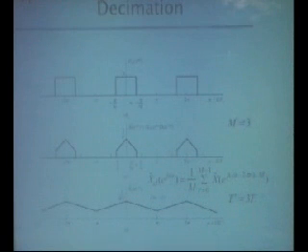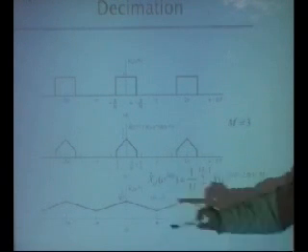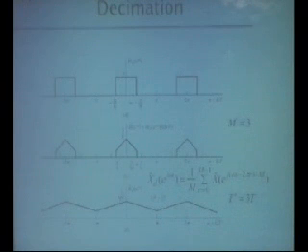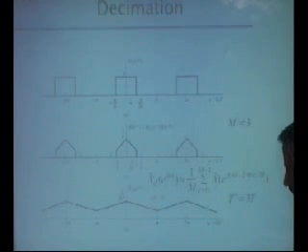And pi by 3 will go to pi. So this is a rule, that if you want to downsample, first make sure there is nothing beyond pi over m. If there is something beyond pi over m, you use a low pass filter to throw that spectrum away, and then you throw away samples. So this is important in decimation.